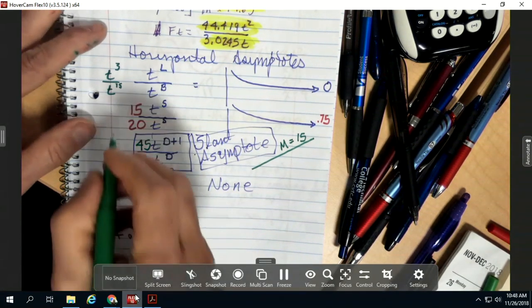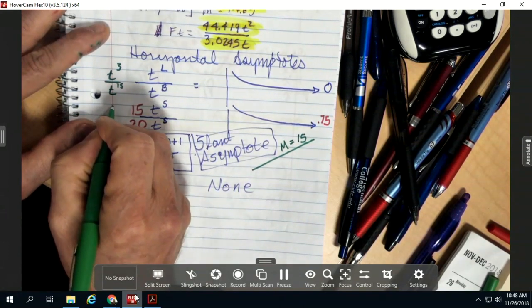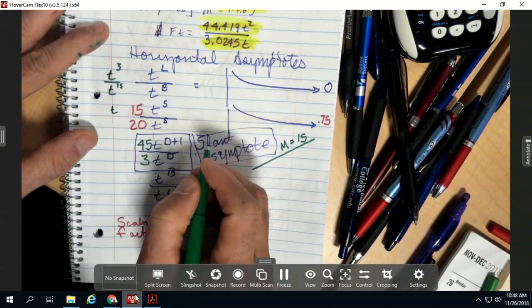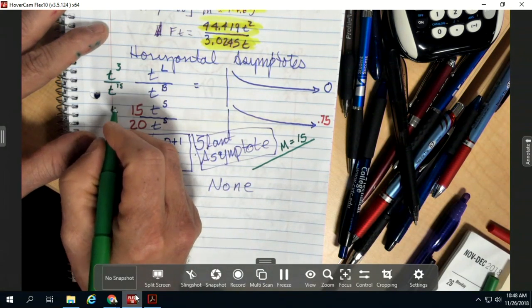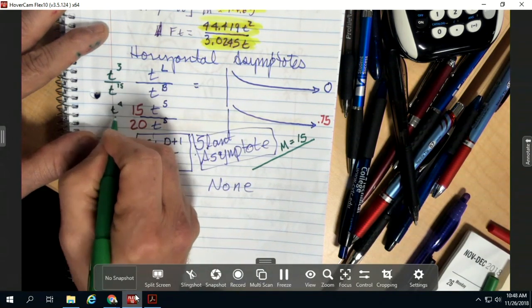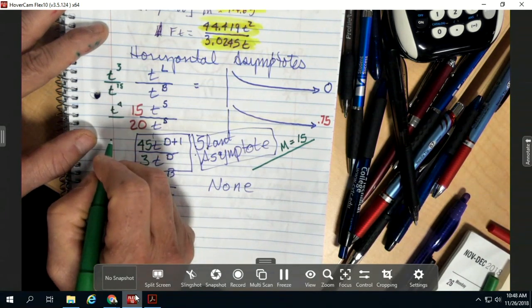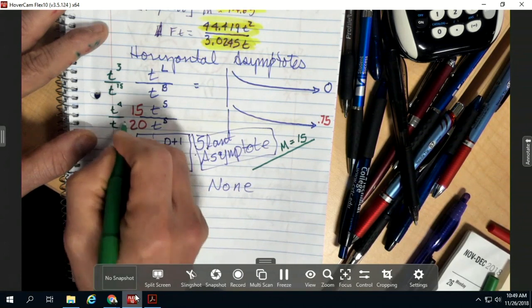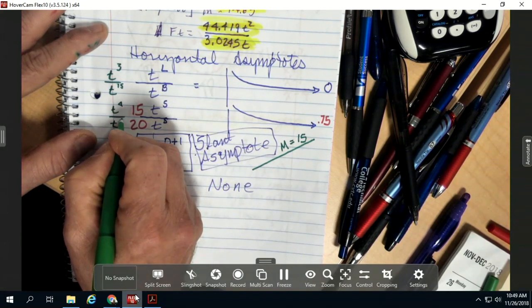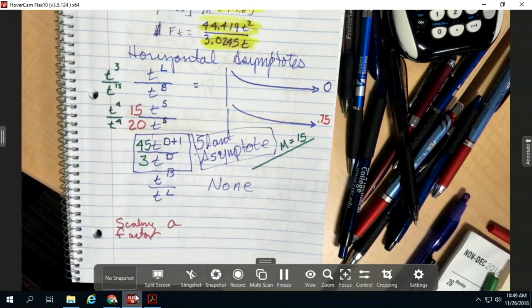Give me a power. Let's say 4th. What will the denominator power have to be? T to the 4th, right?